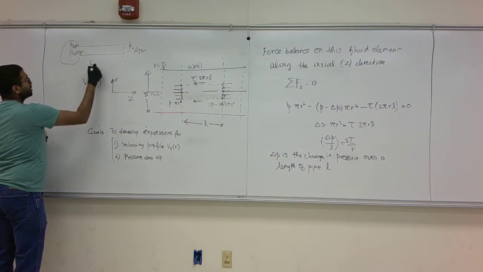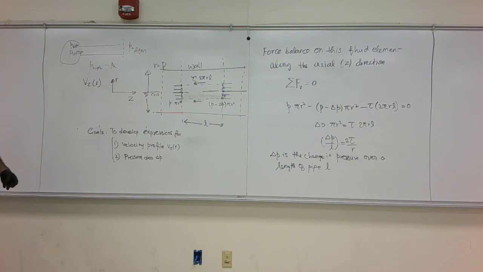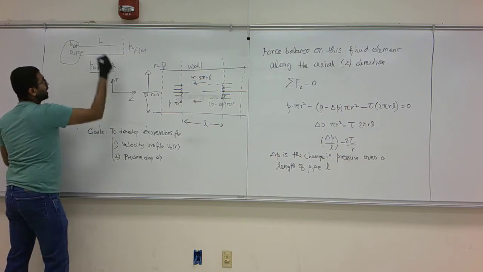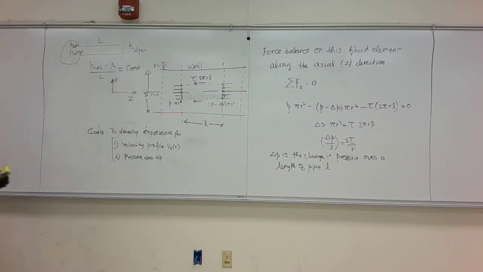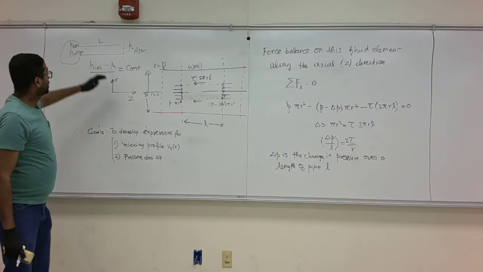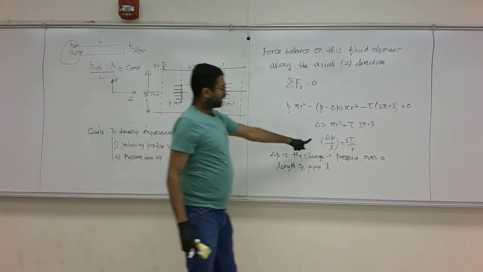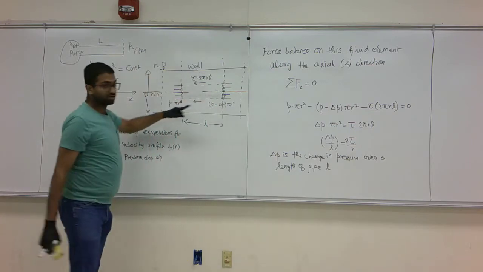So P high minus P atmosphere is predetermined, and if you decide the length of piping, you can divide that by L, and this is going to be a constant that you can set outside of your experiment, outside of your fluid flow. This is something that you could control, meaning delta P over L is a quantity that is not related to the micro details of the flow.